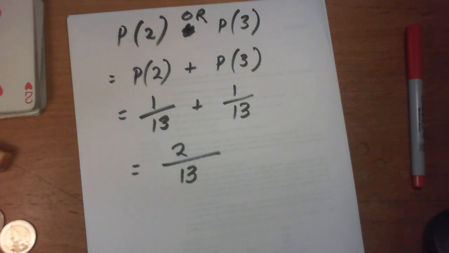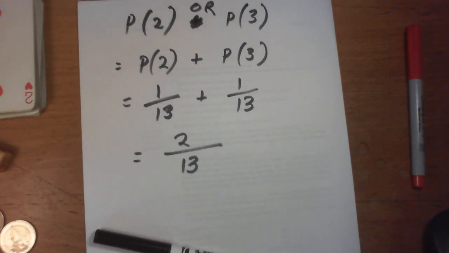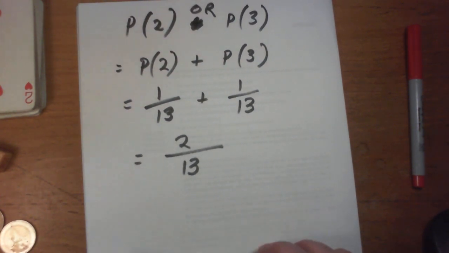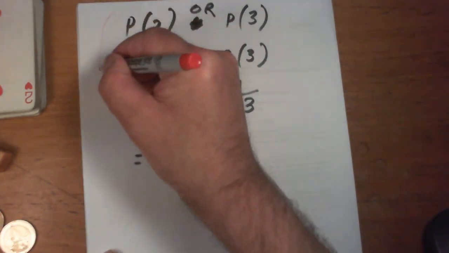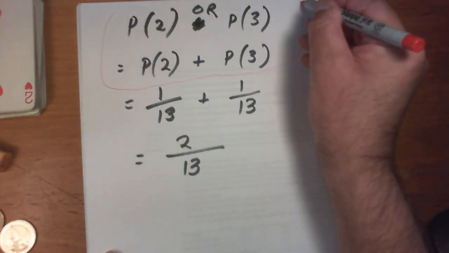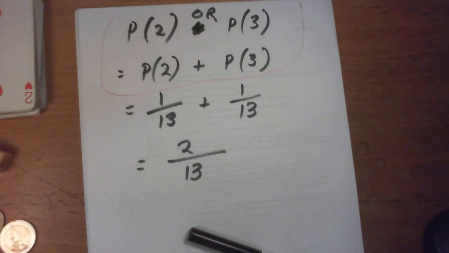Now, the one thing you need to note about this is that there is a condition analogous to the previous condition. The previous condition was that you had this formula that worked when the two events were independent. Here, this is going to work just so long as the situation is mutually exclusive.